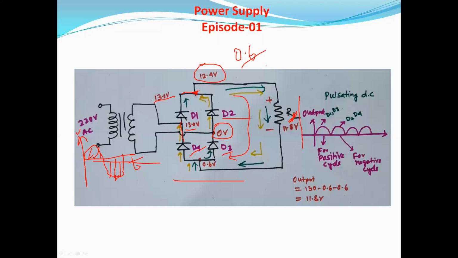Here, two diodes are conducting each cycle of the AC input. Hence, the total output voltage will be 13.0 volt minus 0.6 volt minus 0.6 volt, that is 11.8 volt.